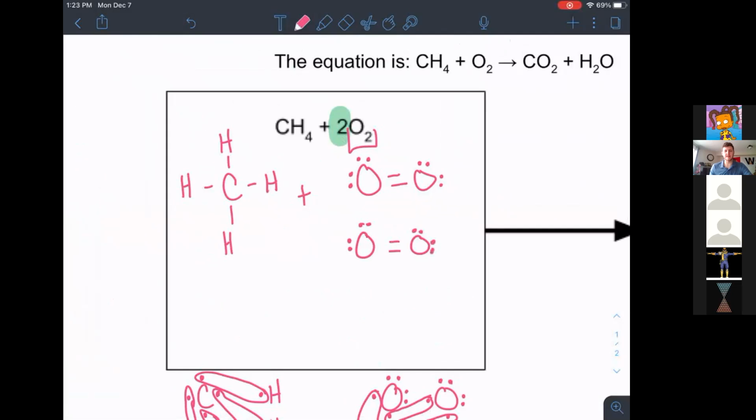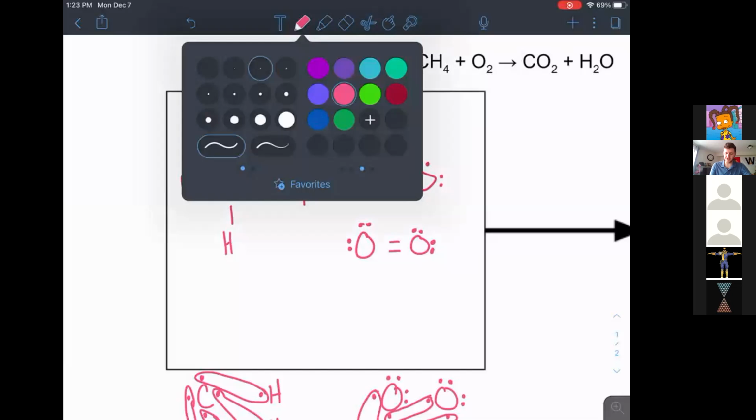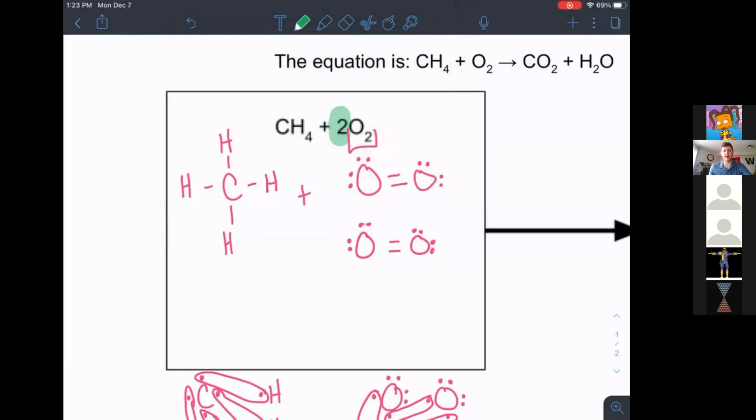Is everybody okay with this so far? Because here's where it gets tricky. Our next step is going to be to show that our bonds were broken. I'm going to use green just because it's a different color. To show that our bonds are broken, we're going to put squiggly lines through each of the broken bonds.